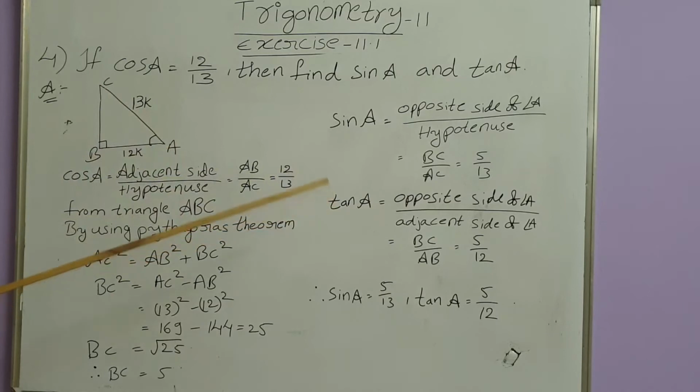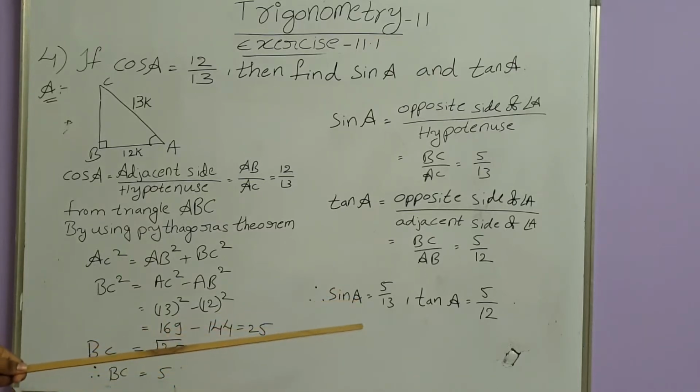AC value is 13. And tan value. What is tan A? Opposite side of angle A by adjacent side of angle A. Opposite side is BC by adjacent side is AB. BC value is 5 by AB value is 12. So, therefore, sin A is 5 by 13 and tan A is 5 by 12.